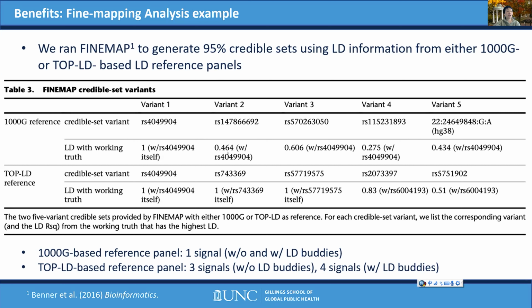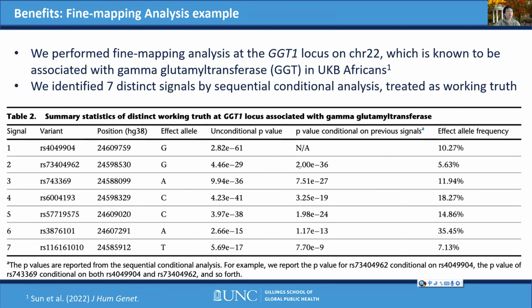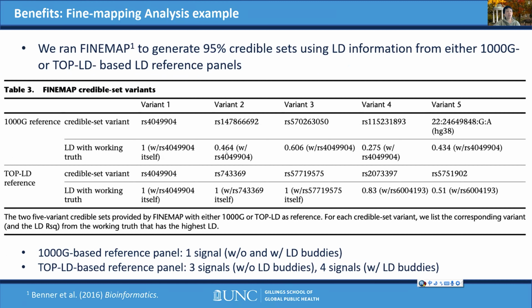You can see they are not in LD with any of the other 6 distinct signals, but rather they are in LD to various extents, from 0.3 to 0.6, with the first distinct signal, this RS40 variant here.